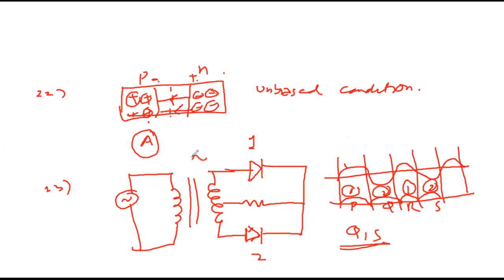So Q and S will give proper output which resembles the second one. First is P, second is Q. First is R, second is S.